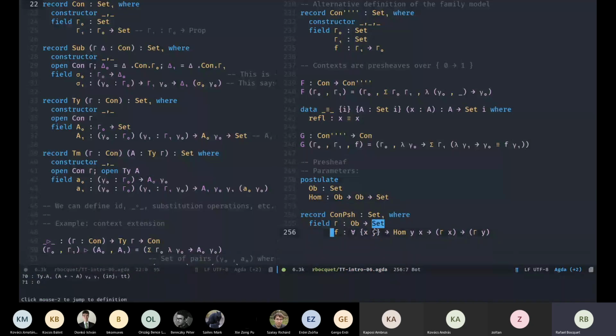And we'll have some restriction function for every element of the set of morphisms between two objects. And then we also need to add some compatibility conditions.